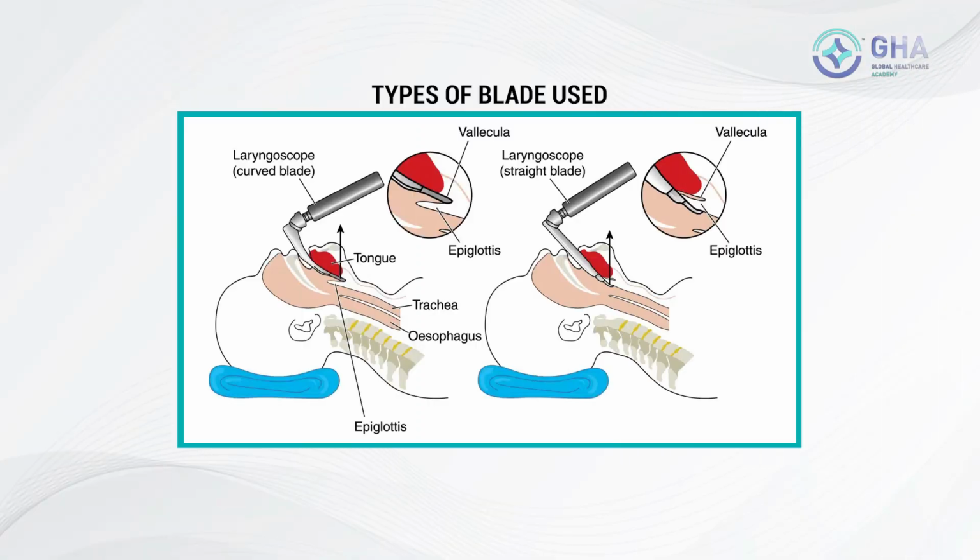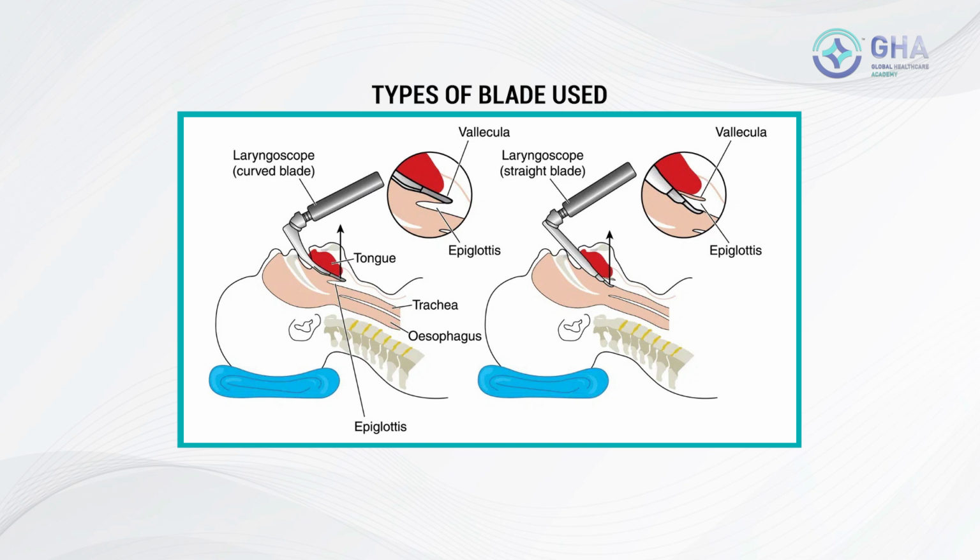Now, all these things are very important for us to decide which kind of blade to use when intubating children. Straight blades are very helpful in newborn babies because we have to displace the tongue and the soft tissue forward, which does not happen with the curved laryngoscope blade, the Macintosh blade.